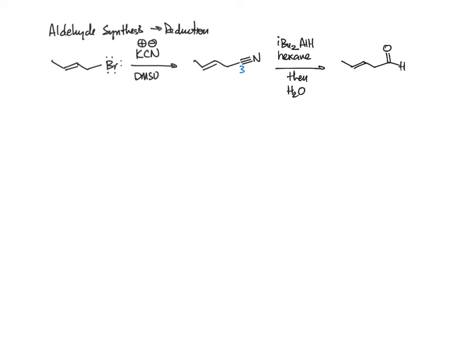And so what actually happens, just so we can see, is that this proceeds through an intermediate. So we have H, Al, I'm going to put isobutyl here. Essentially, the hydride is going to be delivered to that carbon. We're then reducing that oxidation state. So we have N minus now.